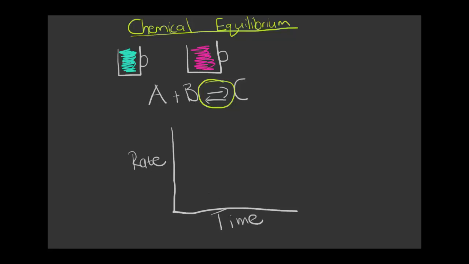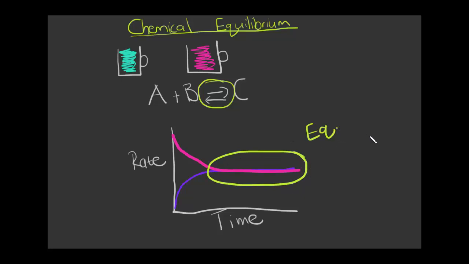We can plot our forward reaction and our reverse reaction as two different plots of rate against time. And it is at this very crucial point, where the two rates become equal to one another, that we have established equilibrium.